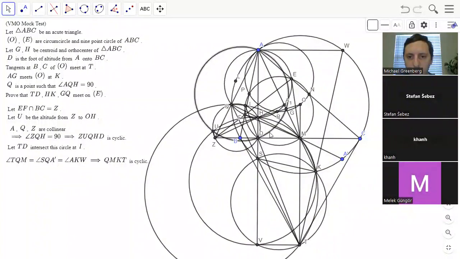So we might be able to show that this is cyclic that way. Well, basically we define G to be cyclic, and then we show that G is the centroid. Because Z goes to the Humpty point, which lies on the median. And so we want to show U also goes to a point that lies on the median. But since Q goes to M, I think we can show that this one is cyclic.